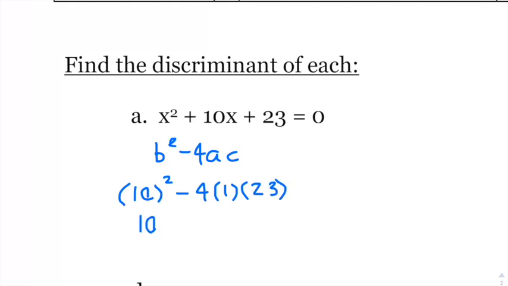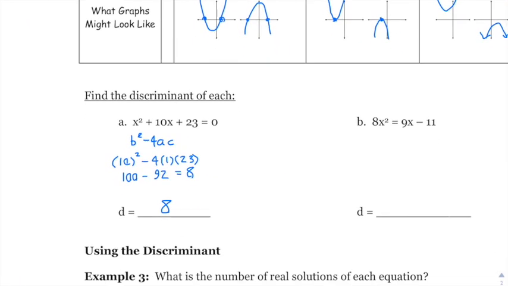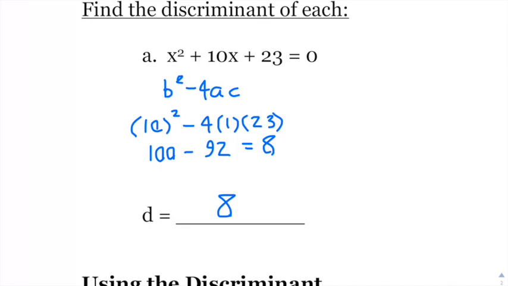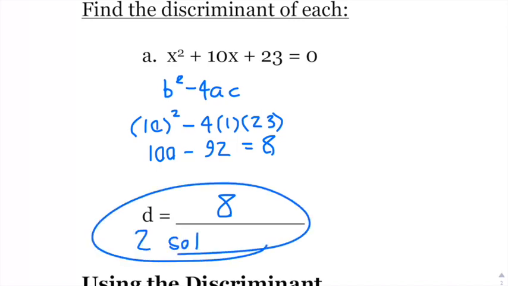So this will be 100 minus 4 times 23, which I think is 92. And then that comes out to 8 right there. That's your discriminant. And since it's positive, that means you have 2 solutions in this case. So even though they didn't have a line for that, go ahead and write the fact that there are 2 solutions there.